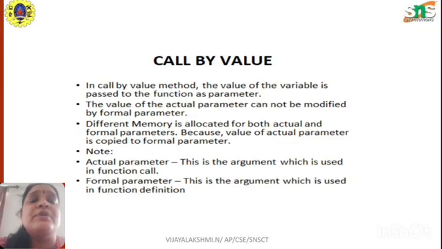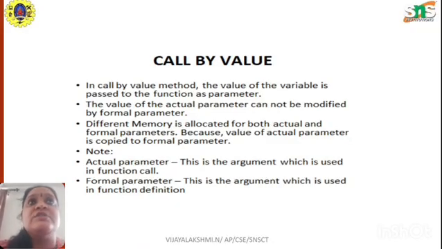One more concept you are going to see inside call by value is the actual parameter and formal parameter. Inside the function call, the arguments you are passing are called actual arguments, and the copy of the arguments moving to the exact function is called the formal.